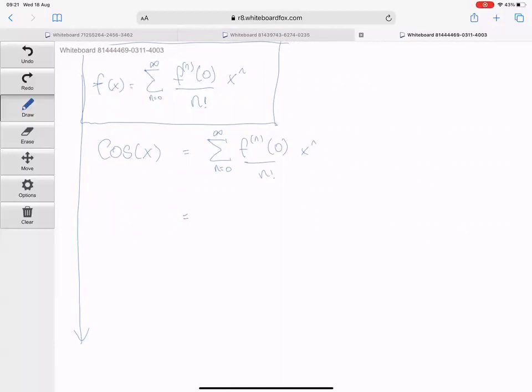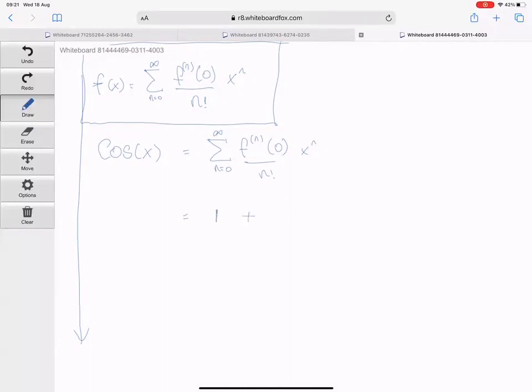So cosine of 0, which is 1. 0 factorial is 1. So this is 1 divided by 1. x to the power of 0 is 1. So everything's 1. Okay, that's my first term.